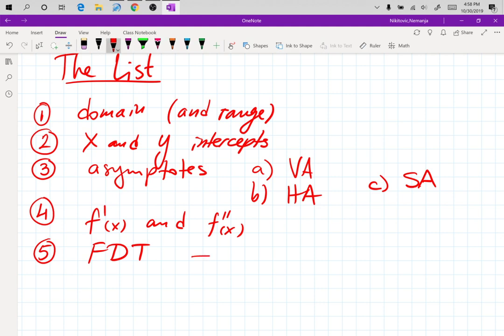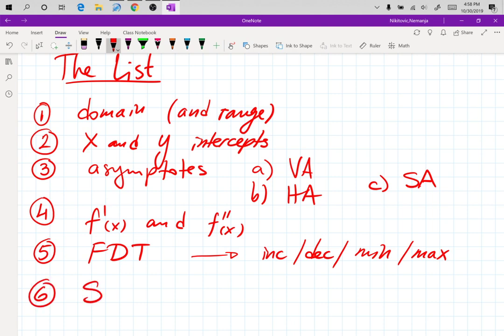And the first derivative test will give us increase, decrease, min, and max. And then we're going to get second derivative test. So these are the concepts we learned today. And this is going to give us our concavity. And it's going to give us the inflection points.